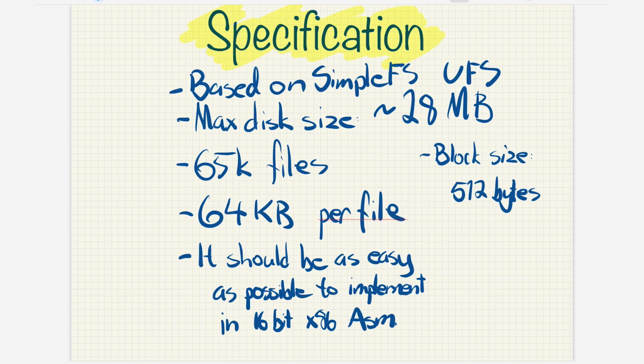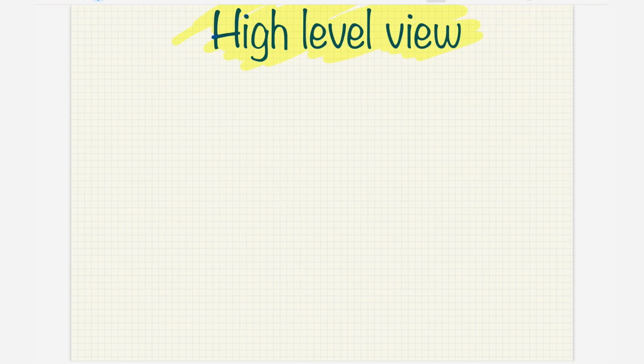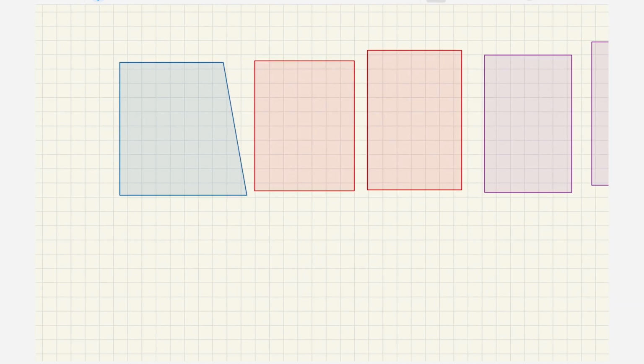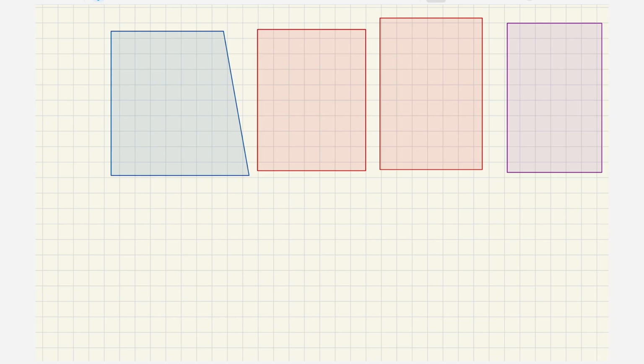Alright, so let's go to the actual file system design. So the high-level view of it will be something like this. There are three different types of blocks, if I zoom in a little bit. The first block is called the superblock, and that will contain different kinds of metadata for the file system as a whole.